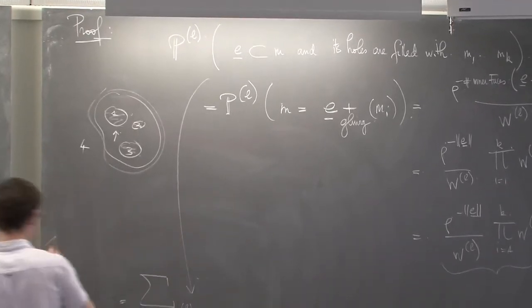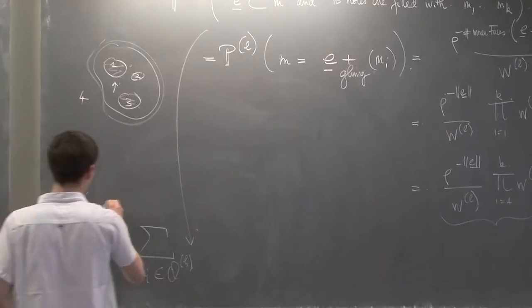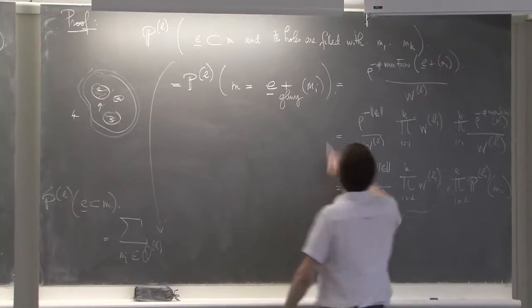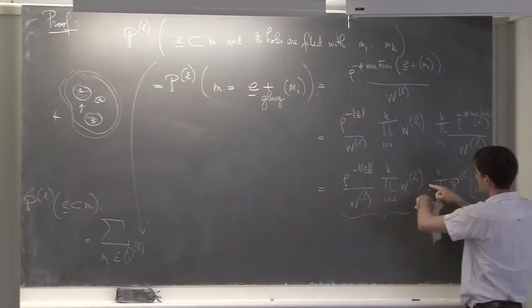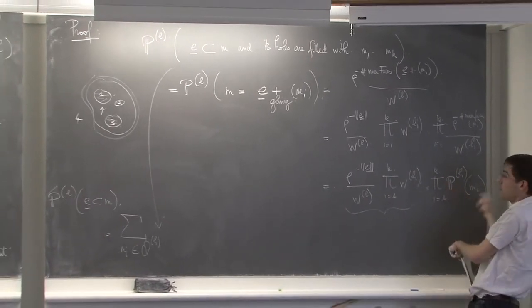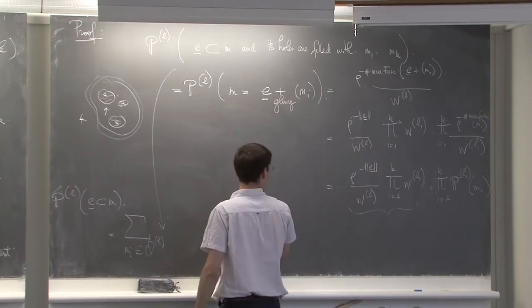I just get the probability that I see this as a submap. And then this sum will get into this guy here. And I'm summing over all possibilities here, but these are probabilities. So I just get what I want.